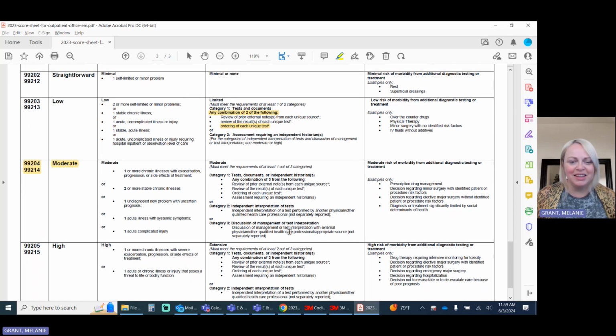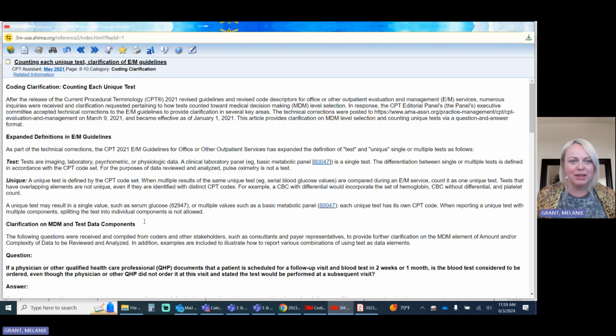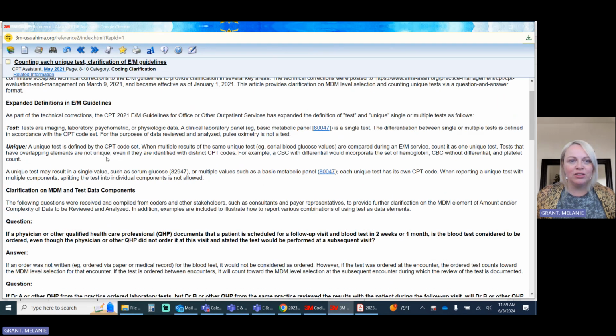So in the medical decision-making guidelines and the tools we have from 3M here, they tell us under these definitions that they are looking specifically at a unique test as defined by the CPT code set. Okay, and they have some examples thrown in here. We're going to look at those in just a moment.